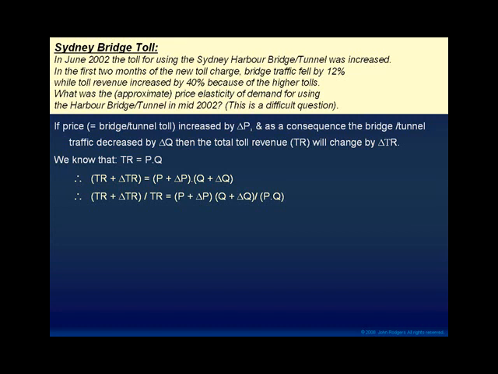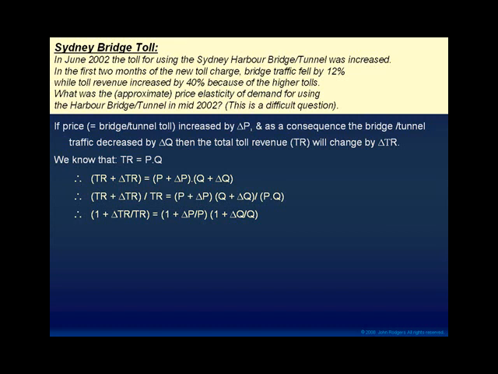If we then divide through the terms inside the brackets by what's in the denominator, on the left-hand side we get 1 plus the change in total revenue divided by total revenue, equals, the first term divided through by P, 1 plus delta P on P, and the second term divided through by Q, 1 plus delta Q on Q.